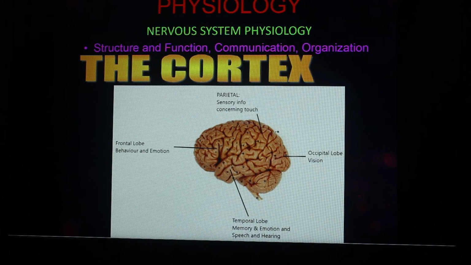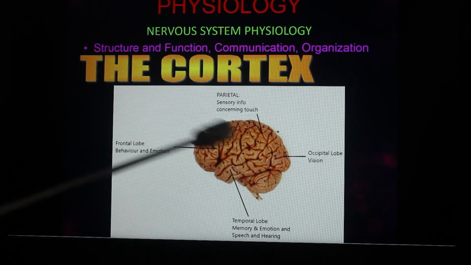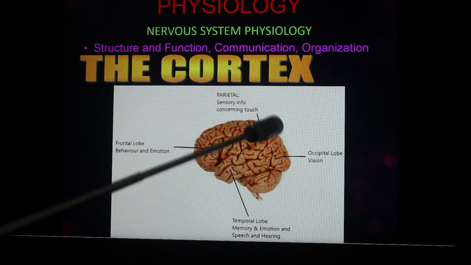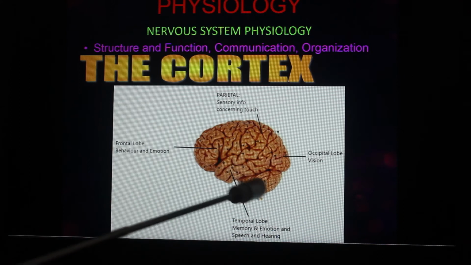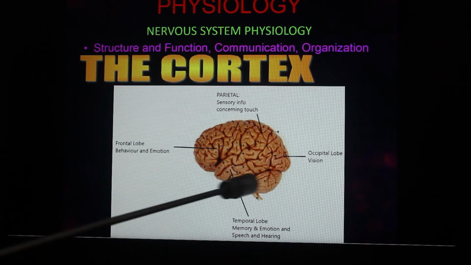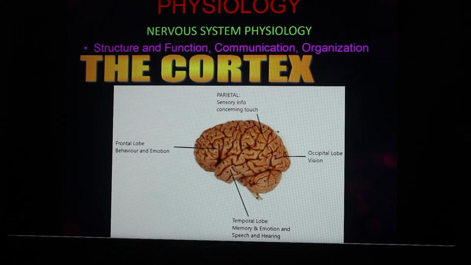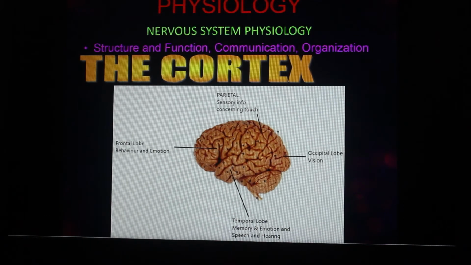Now, when we look at a plain brain, you can see that here we have the frontal lobe, here we have the parietal lobe, the temporal lobe, the occipital lobe, and this is the cerebellum, and this part going downwards is first the brainstem, the pons, and then comes the medulla spinalis.